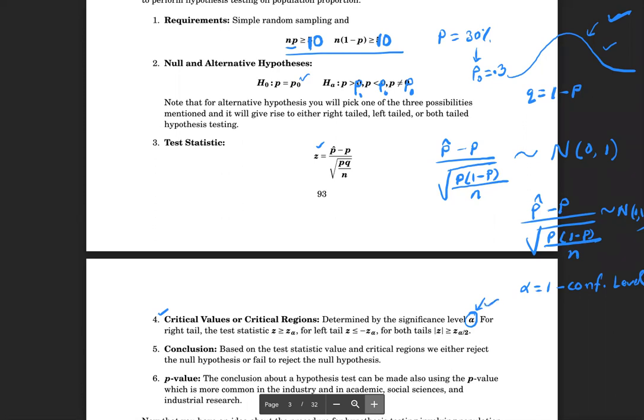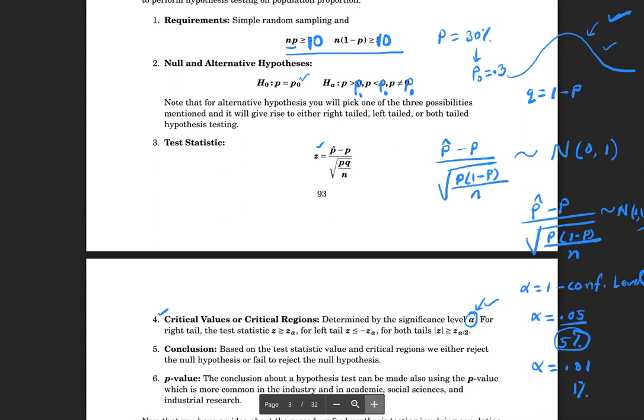Alpha is the significance level, and it basically tells you your chances of being wrong, or the probability of being wrong. When alpha is, let's say, 0.05, that tells you there's a 5% chance of being wrong. Or if alpha is 0.01, that tells you there's a 1% chance of being wrong in this calculation.